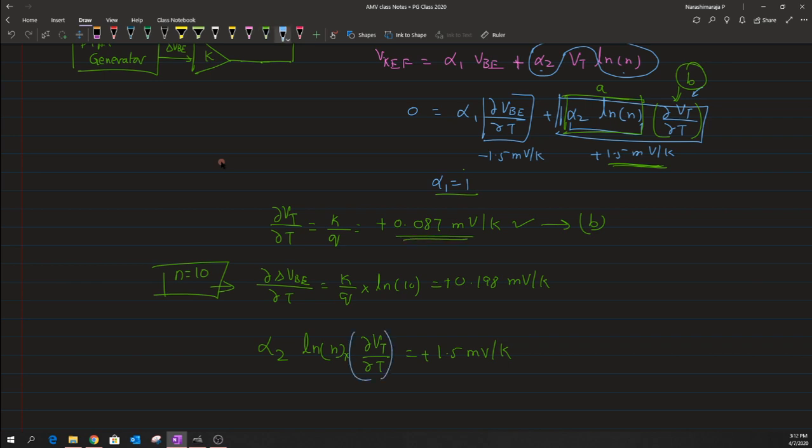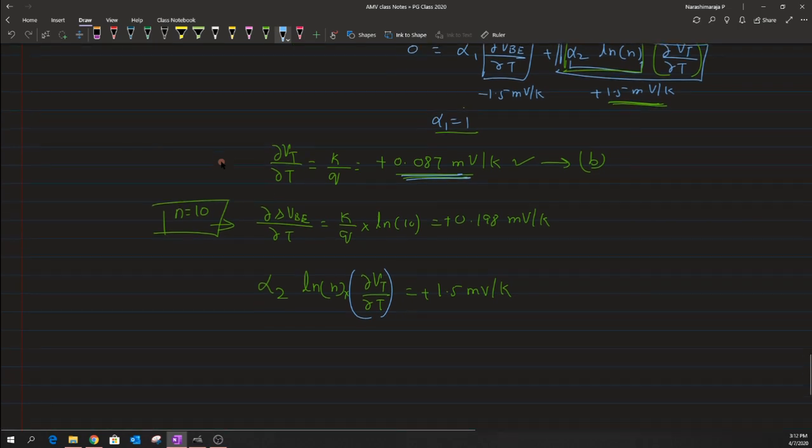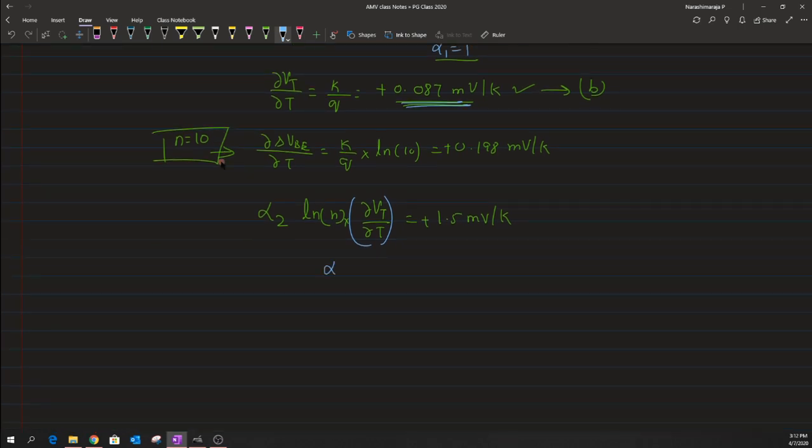Sorry, this factor, which is 0.087, so that now we end up having this equal to 1.5 millivolt per Kelvin divided by the factor of 0.087 millivolt per Kelvin. So this approximately ends up having a result which is equal to 17.24. Okay. So this is the result that we would end up having after this.